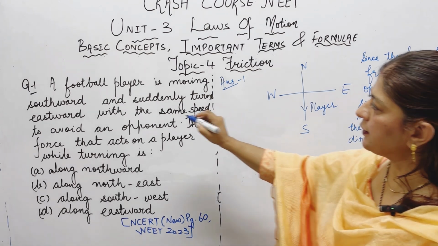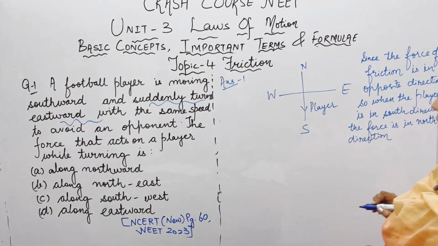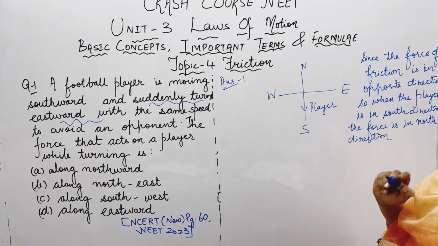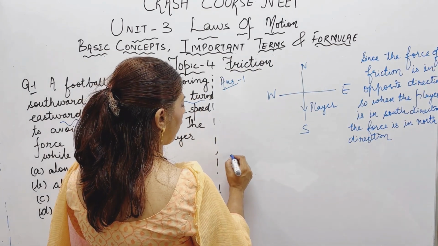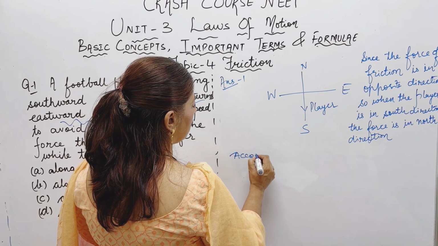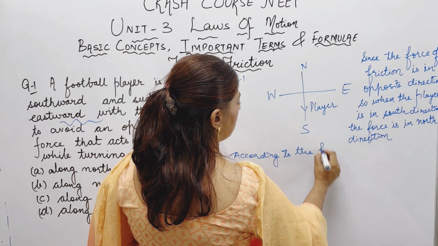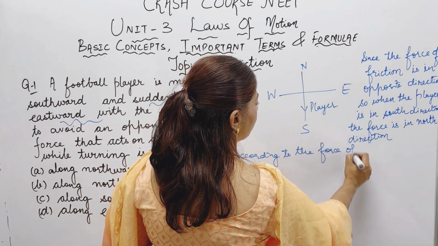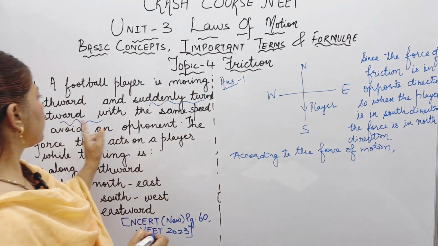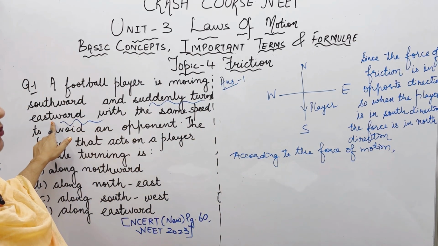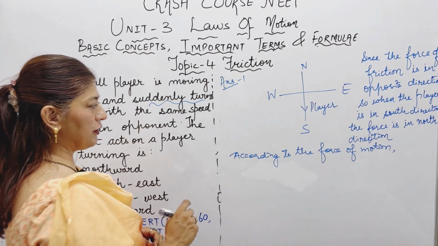After that, there is a sudden turn towards the east side. Here, which thing comes into play? This is, according to the force of motion, if there is a sudden change in the direction, meaning velocity, so change in momentum comes into the role.